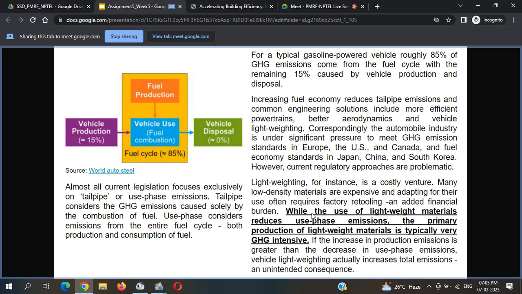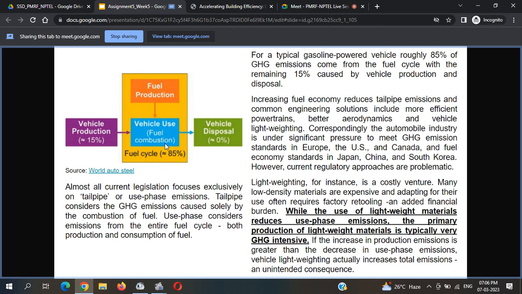But what happens is that while they focus on lightweight materials only, the adapting of vehicles to lightweight materials and using different technology and different materials which are lightweight, the processes involved in creating such materials and such designs are also greenhouse gas intensive.